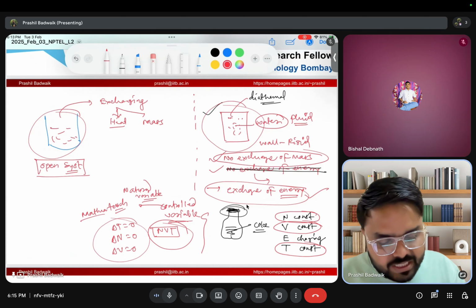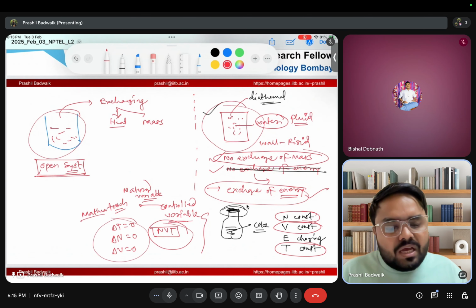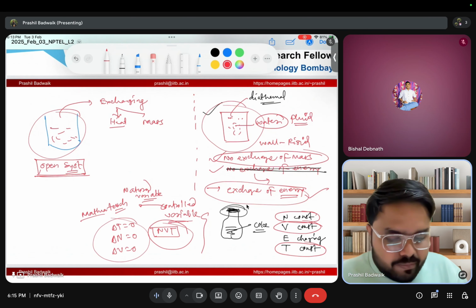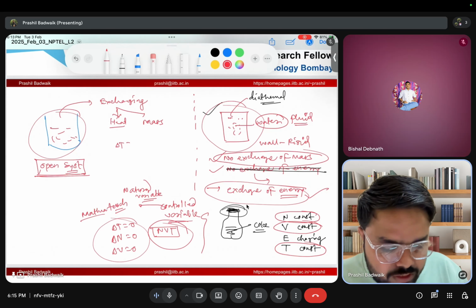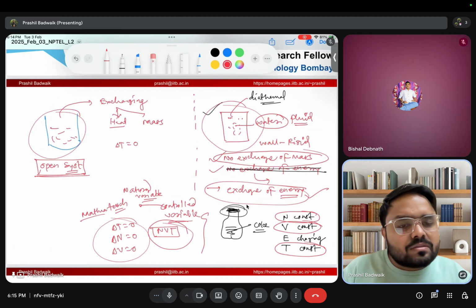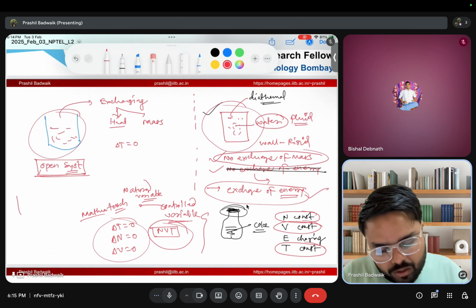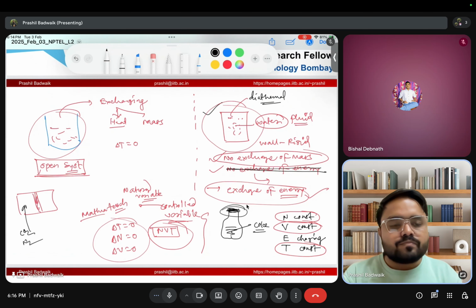Similarly, what will be the case over here? Since it is an open system, there is exchange of energy, that means temperature is constant. There is exchange of mass, then what is constant? In equilibrium, I have a membrane over here, and this is a mixture of CO2 and nitrogen.